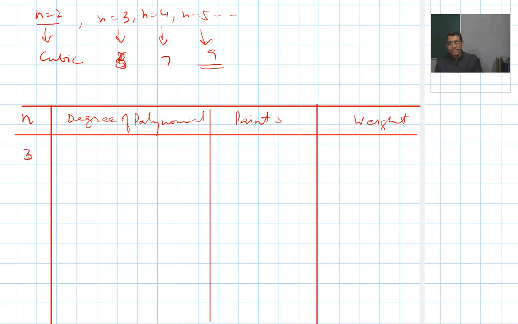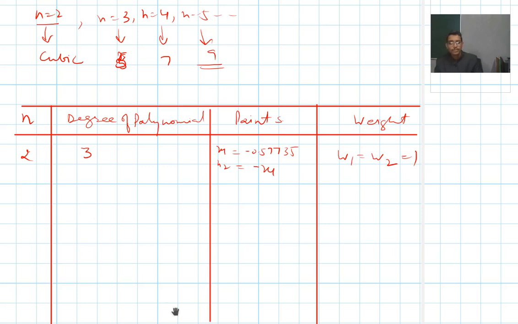First of all, n will be 2, and we take a polynomial of degree 3, as in the earlier example. The points are x1 and x2, where x1 is minus 0.57735, x2 is minus x1, and the weights w1 and w2 are both equal to 1.